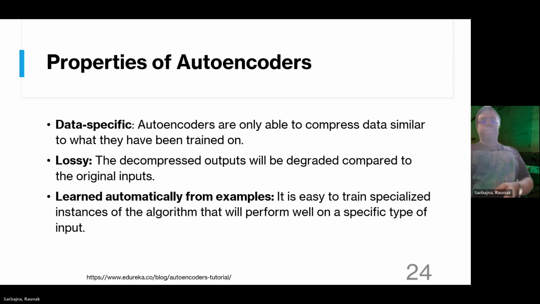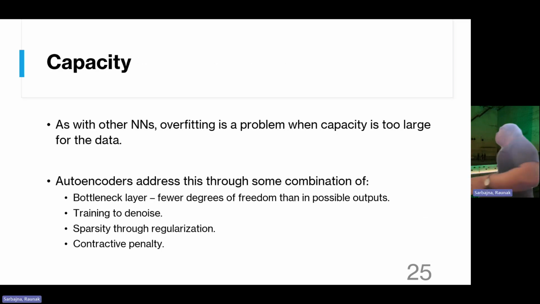Okay. Now, overfitting remains a problem with autoencoders. It doesn't mean that it cannot overfit, but it is a more solvable problem for autoencoders. And the way we solve it is called the bottleneck layer, right?